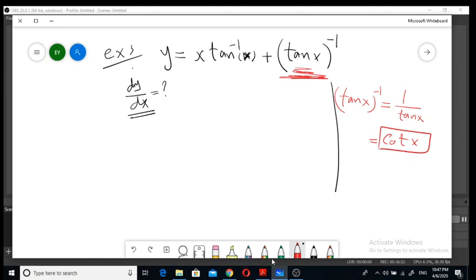In the first term, we have a product of two functions, x times tan inverse of x. So we can call x u, and tan inverse of x we can call v. Then we need to find u prime and v prime, and then we can apply the product rule.